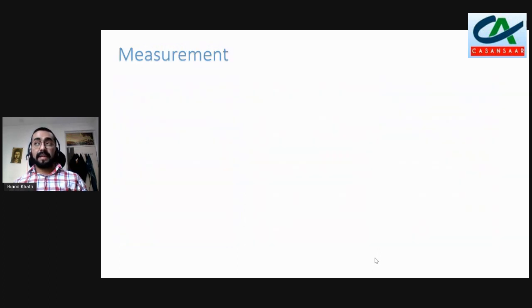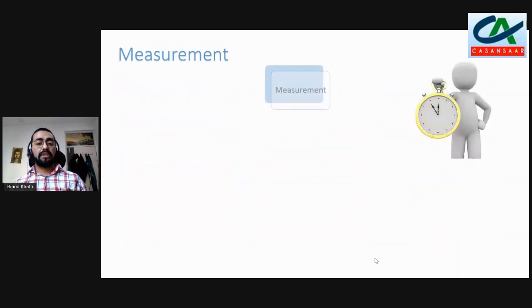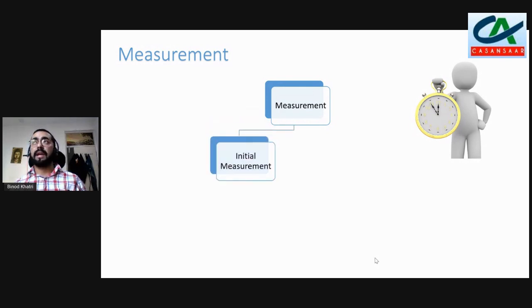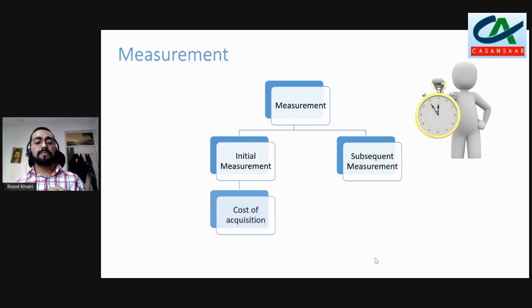So now let's move to the measurement again. For measurement, there can be two types of measurement, as we have already seen in the table of contents. First is initial measurement. When we buy any asset, that is an initial measurement. When we purchase something, that is the first time we are recognizing it in the financial statements. And second is subsequent measurement, which is after the purchase of the asset, in the second year, third year, where we'll have to apply subsequent measurement given by IAS.